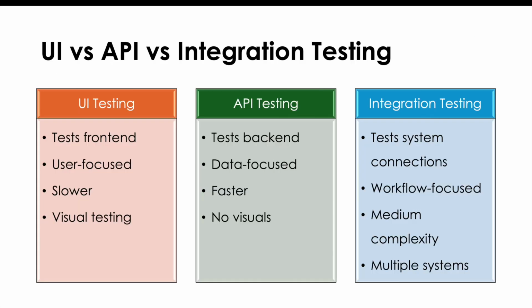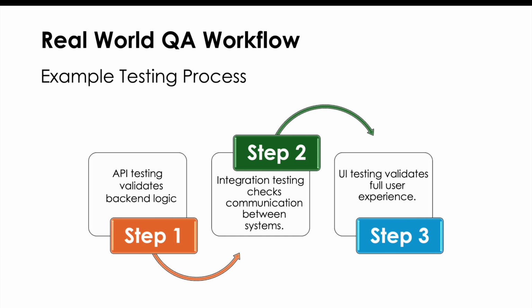So we have UI versus API versus integration testing. UI testing tests the front end, is user-focused, slower, with visual testing. API testing tests the back end, is data-focused, faster, with no visuals. Integration testing tests system connections, is workflow-focused, medium complexity, with multiple systems.